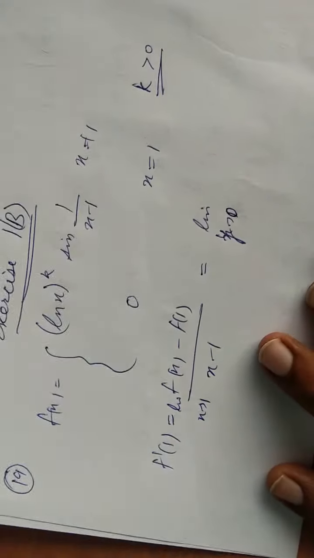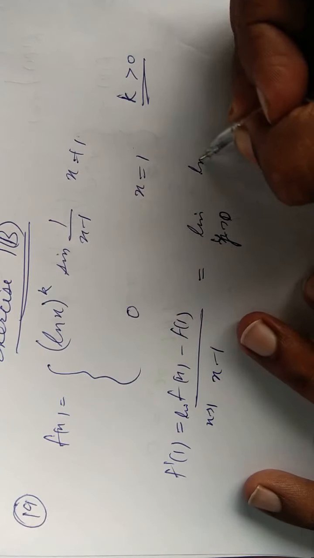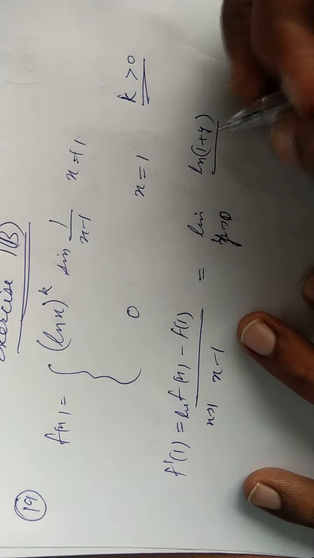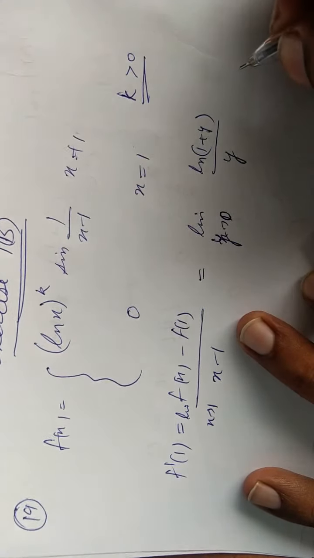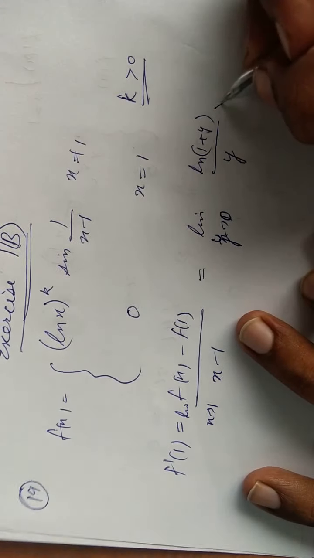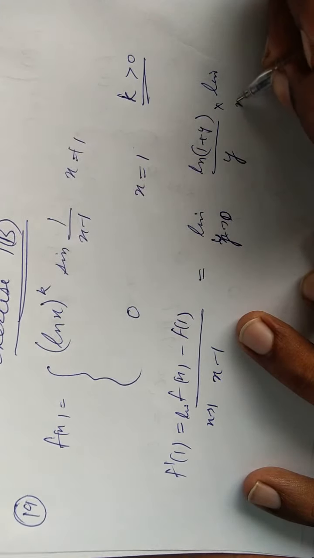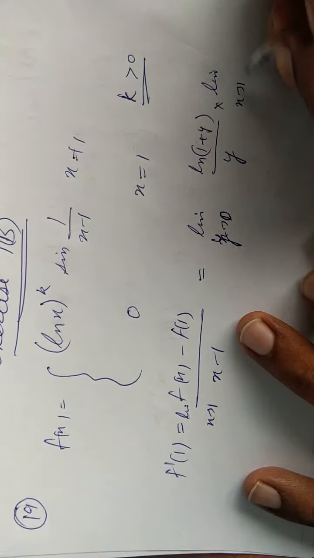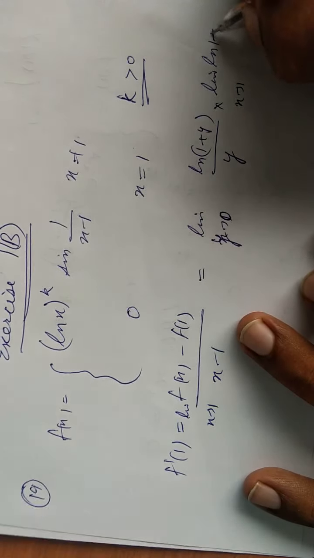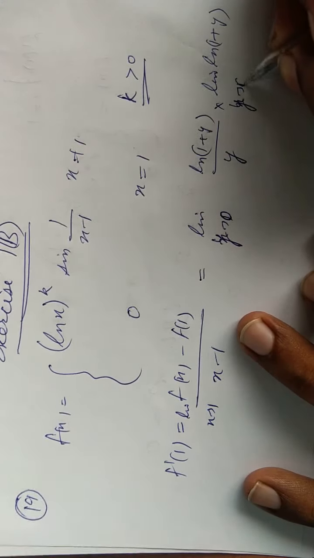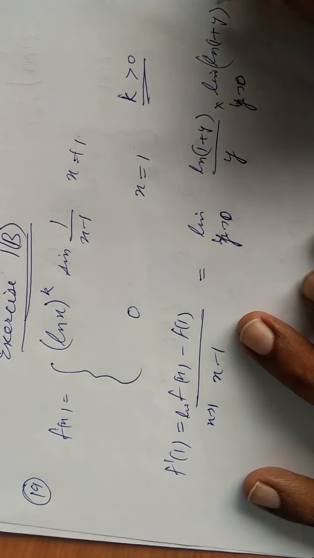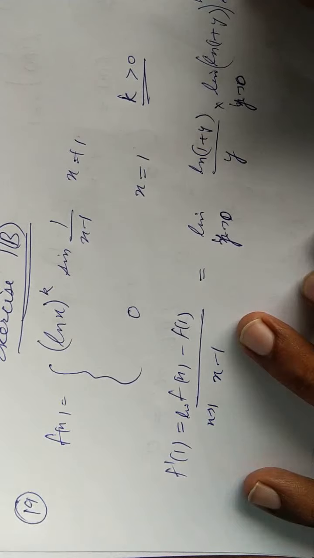Directly convert the limit into y tending to 0. ln of 1 plus y upon y, that is, ln of 1 plus y to the power k minus 1 into sine of 1 upon y.